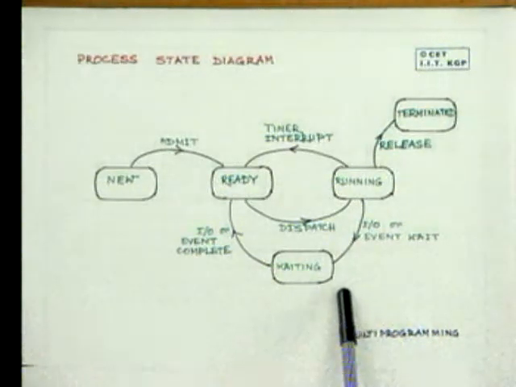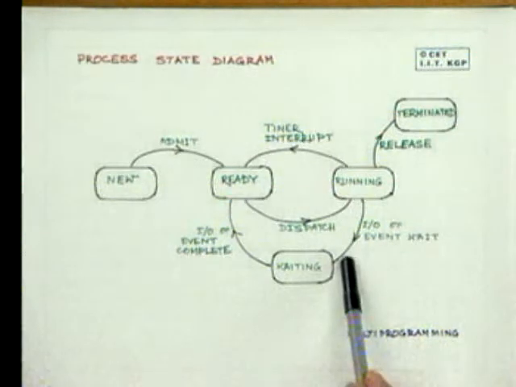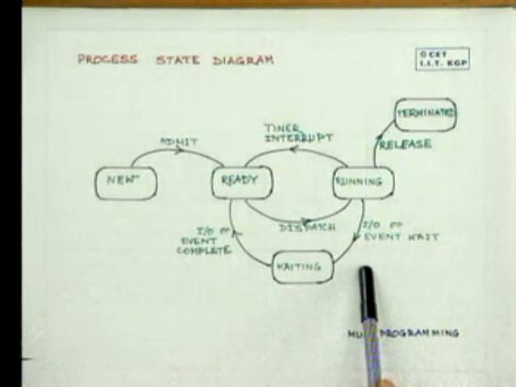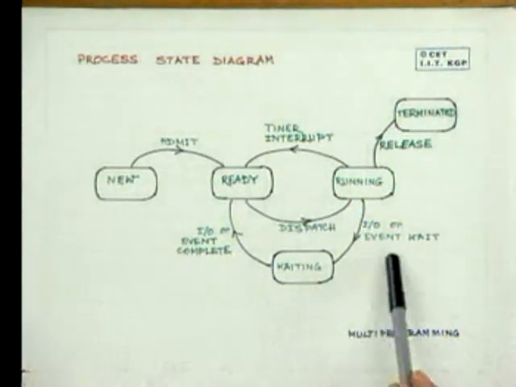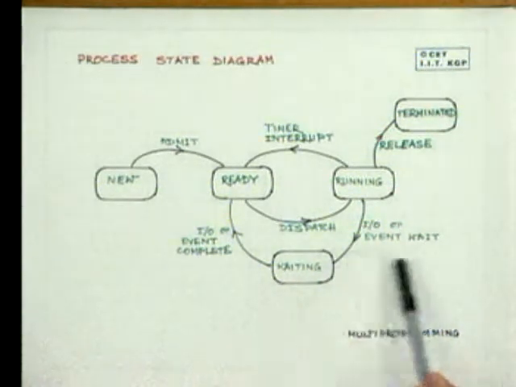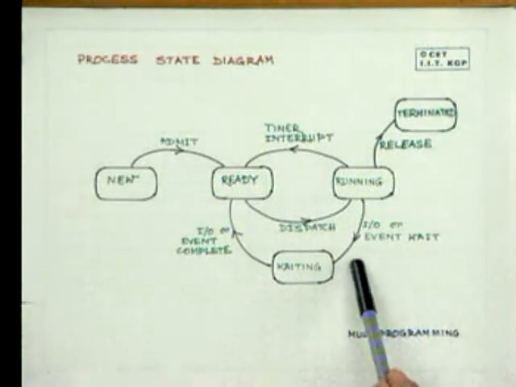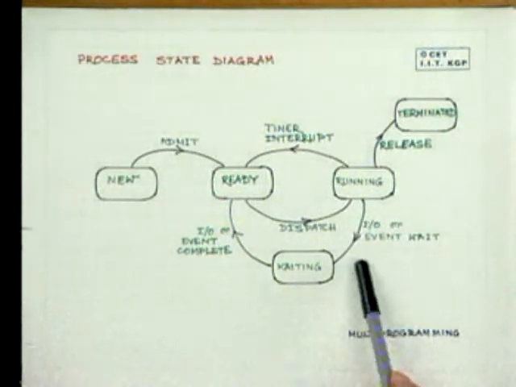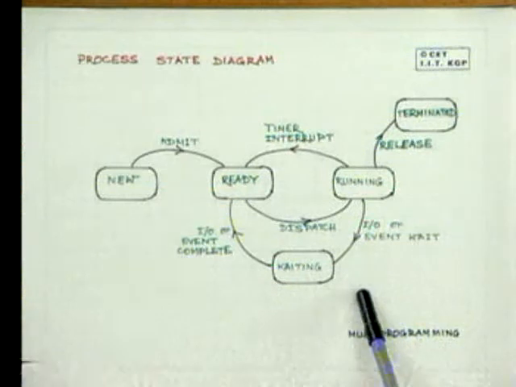Instead of one wait queue, many wait queues are created. That means all the processes which are waiting for a particular event will be put into one wait queue. So there may be many wait queues.